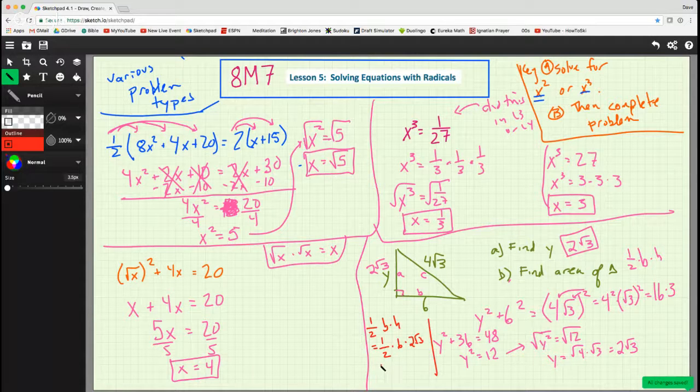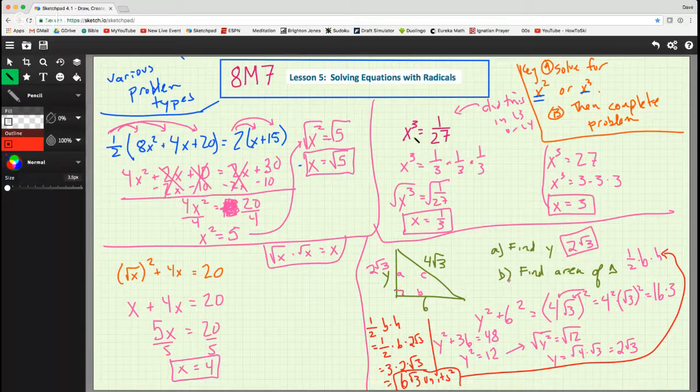So a half of 6 is 3 times 2 root 3. Well, 3 times 2 times the square root of 3 is 6 root 3 units squared. Because we don't say the units, so the area is 6 root 3 units squared. So that's our answer to B.